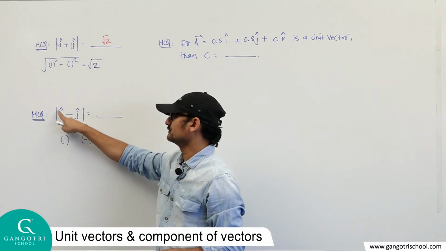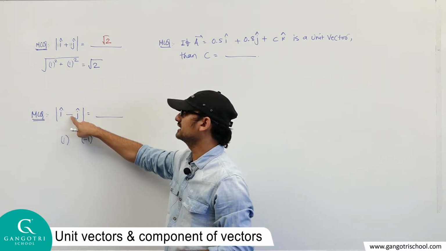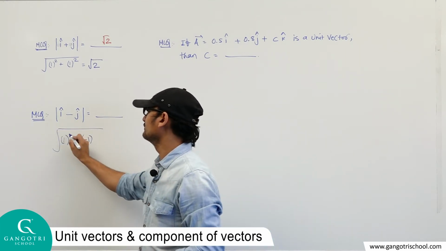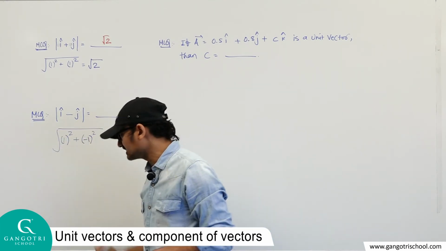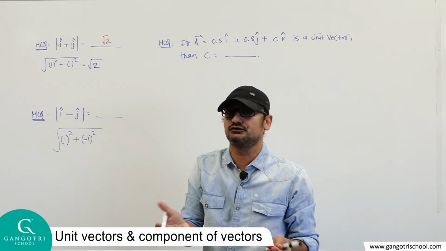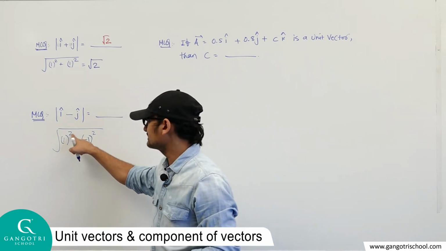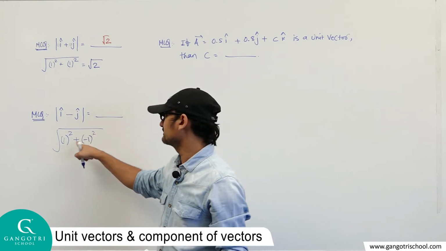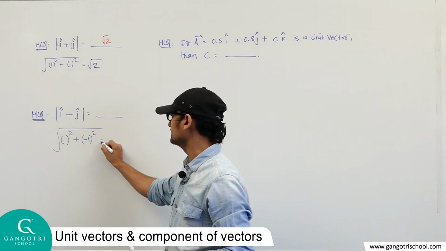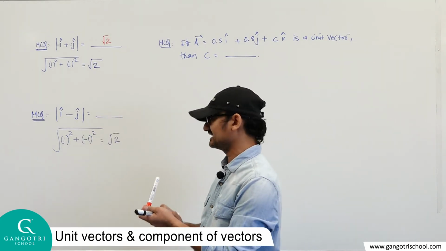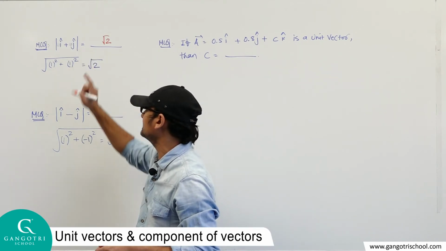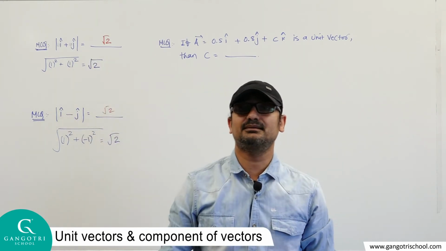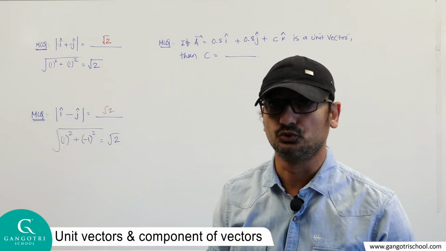The rule is the square root of the sum of the squares of the components. Here 1 square is 1, minus 1 square is also 1. So 1 plus 1, root 2. The answer is also root 2. Whether the vector is i caret plus j caret or i caret minus j caret, their magnitude is the same: root 2.